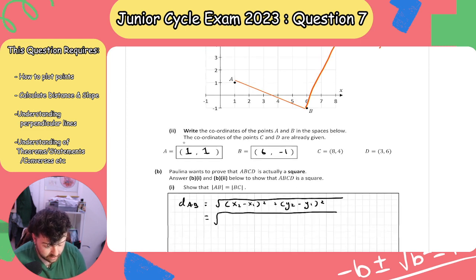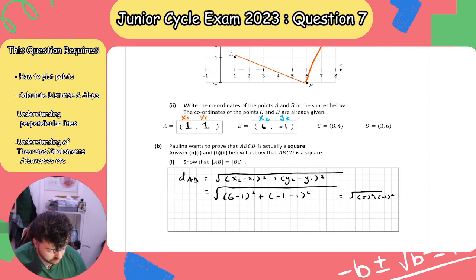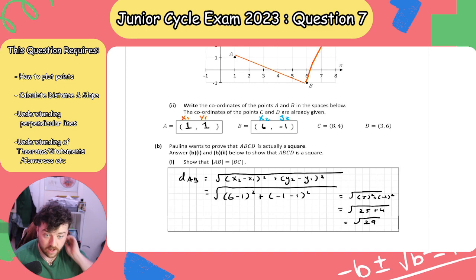A is going to be my x1, y1 and B my x2, y2. So let's sub it in: 6 minus 1, all squared, plus minus 1 minus 1, all squared. That is the square root of 5 squared plus minus 2 squared, which is the square root of 25 plus 4, which is square root of 29. So we have the distance AB is equal to square root of 29.